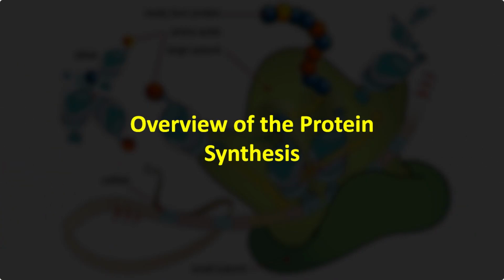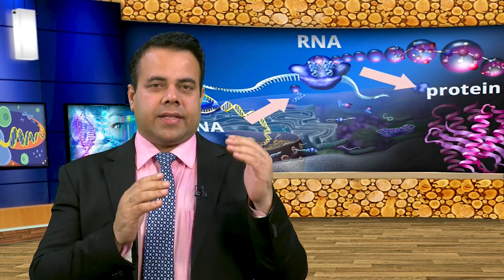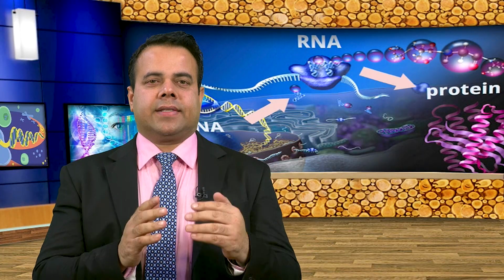Dear students, let's now have an overview of protein synthesis. The ribosomal translation is initiated when the ribosomes recognize the starting point of mRNA, where it binds a molecule of tRNA that bears a single amino acid. In prokaryotes, the initial amino acid is N-formyl methionine.